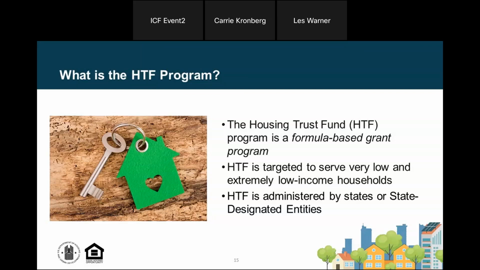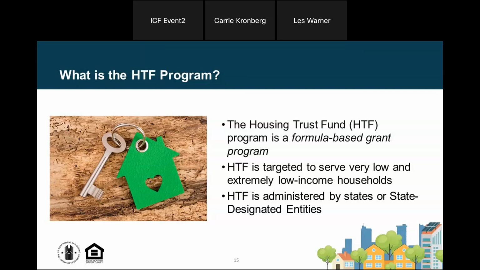So we mentioned it's a formula-based program. It's targeted to serving very low income and extremely low income households, so that's households at 30 and 50% of area median income. It's being administered by states or state designated entities. Each state, as part of receiving an allocation of housing trust funds, will have completed a housing trust fund allocation plan with identified priority factors for funding.